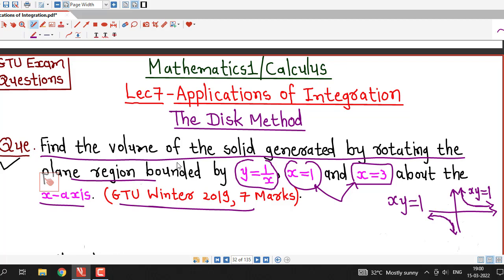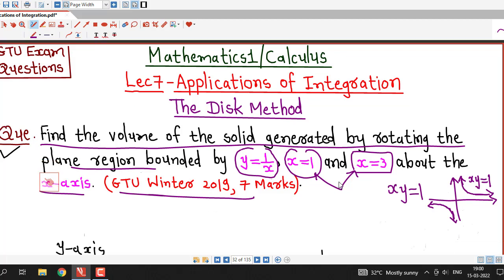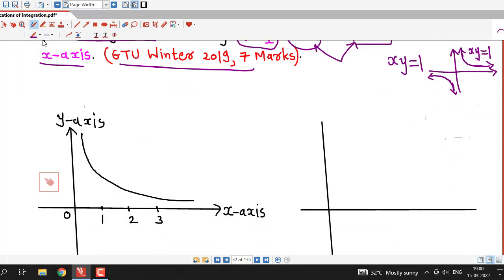So we have to first sketch the region bounded by y equal to 1 by x, x equal to 1 and x equal to 3. So here I have considered this graph of y equal to 1 by x, and this much distance I have taken as 1, so this is 3, and we consider these two lines x equal to 1 and x equal to 3.